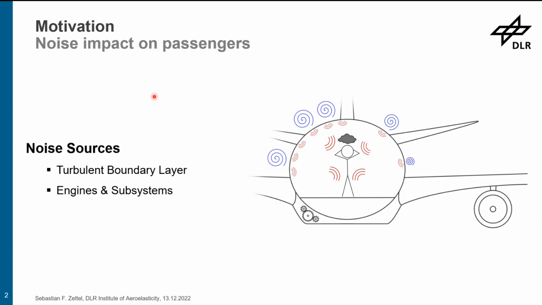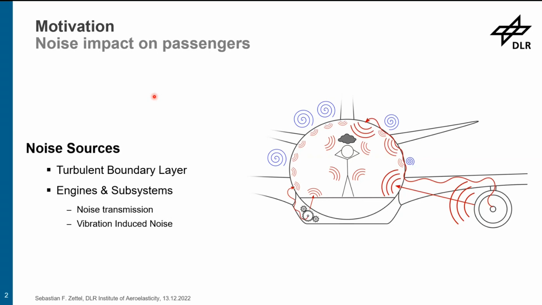But also we have engines and subsystems installed in and on the aircraft. These systems transmit noise over the air into the cabin, but also induce vibrations in the overall structure, which eventually also result in noise due to fuselage vibrations.